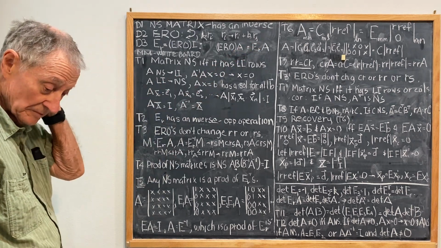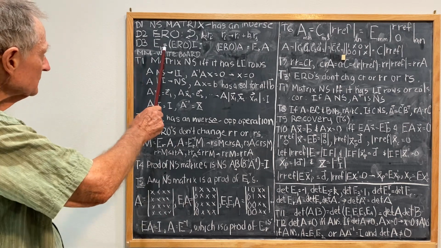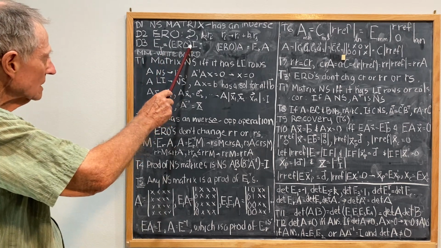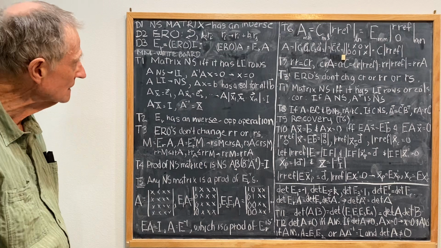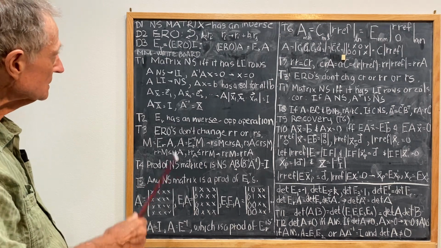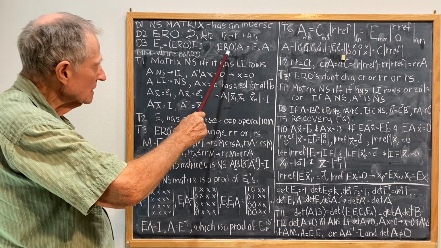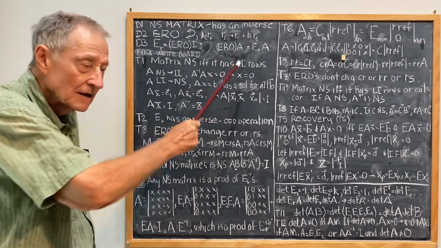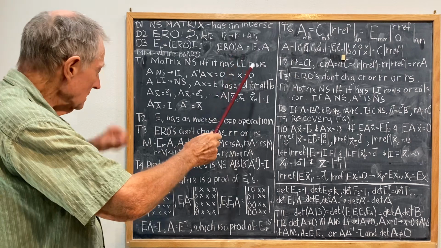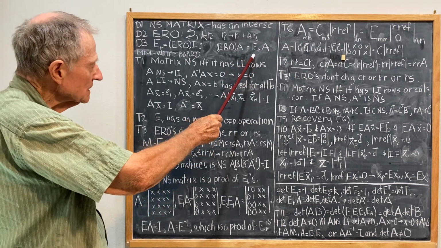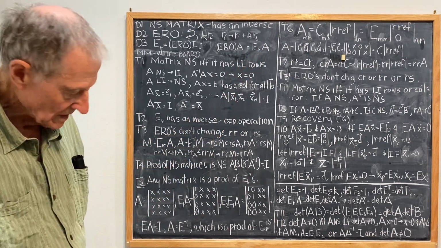Then an elementary matrix is, by definition, an elementary row operation operating on the unit matrix I, and then it's easy to show that an elementary row operation on A can be achieved by the corresponding elementary matrix multiplying A.